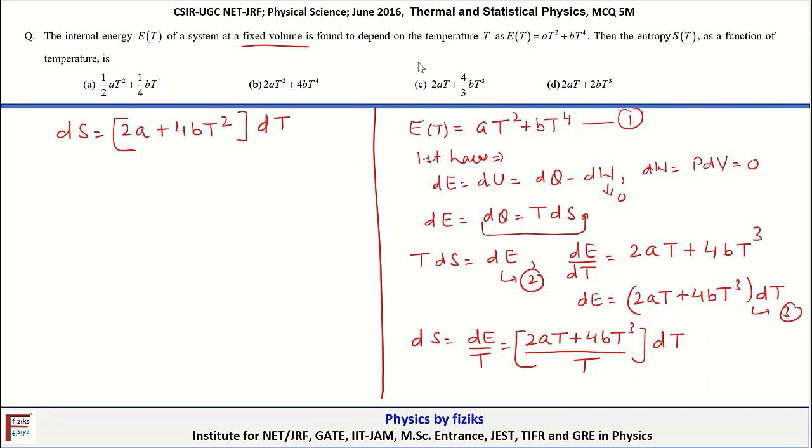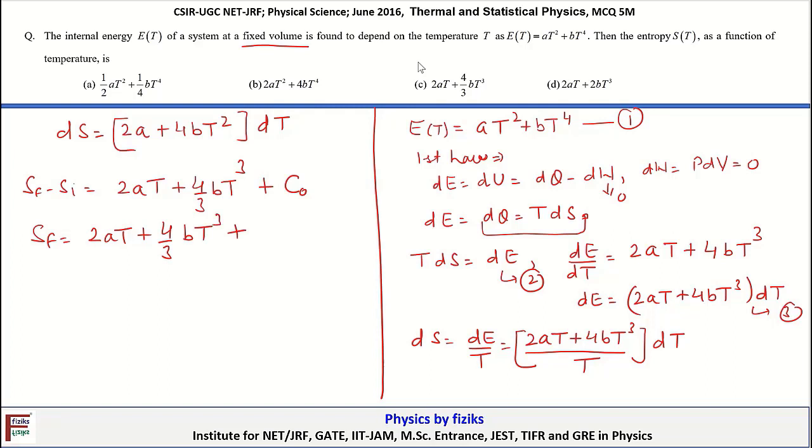Then integrating on both sides, we obtain delta S, or S final minus S initial, that is equal to 2AT plus 4 by 3 BT cube, and then plus some constant of integration. Let's call that C0. So S final is equal to 2AT plus 4 by 3 BT cube plus C0 plus S initial.